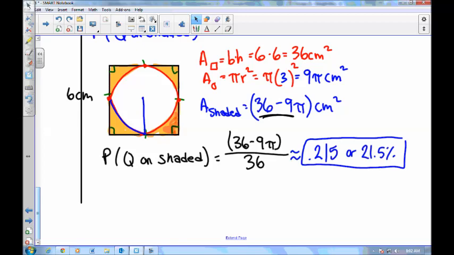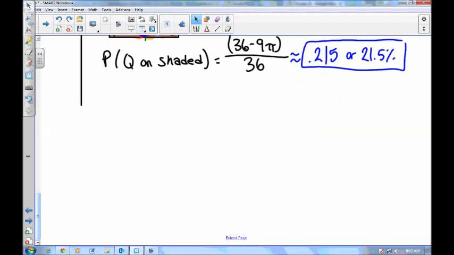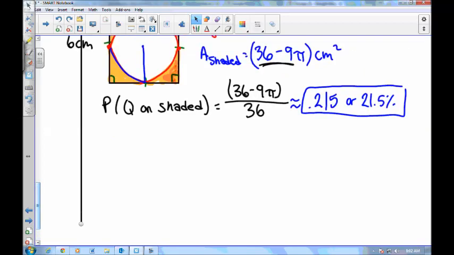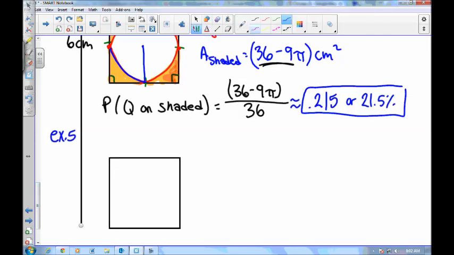Okay. All right, one more just to make sure you guys get the area idea. This time we have a triangle inscribed in a square. What's the probability that a point R will land on the shaded again?